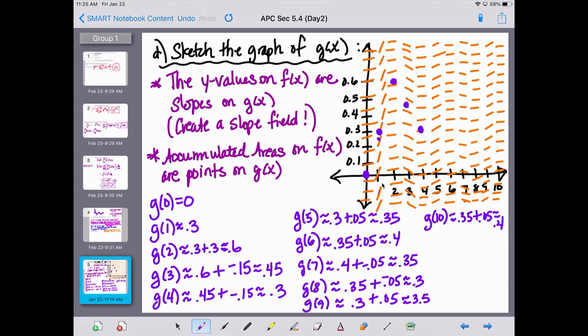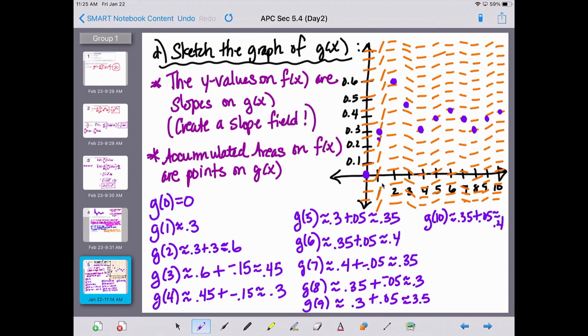G of 5 is 0.35. G of 6 is 0.4. G of 7 is 0.35. G of 8 is 0.3. G of 9 is 0.35. And finally, g of 10 is 0.4.